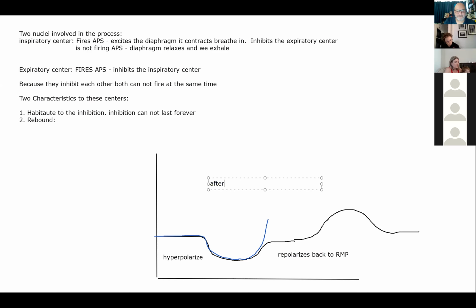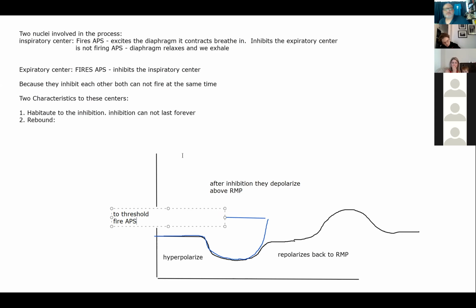So basically, after inhibition, they depolarize above the resting membrane potential, and that brings them up to threshold. And when they get up to threshold, they fire action potentials. So that's really the key to this rebound.